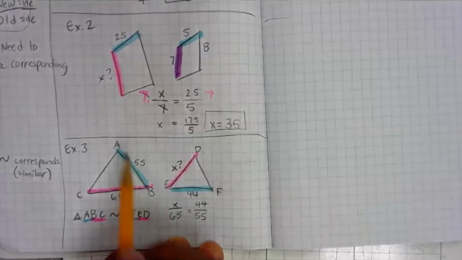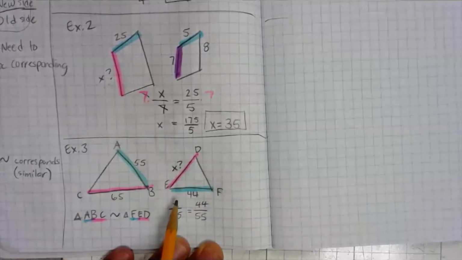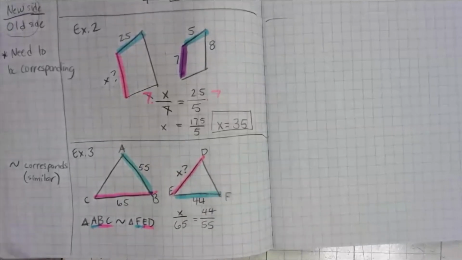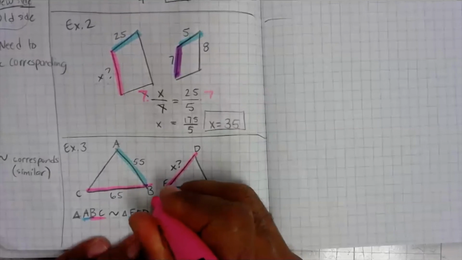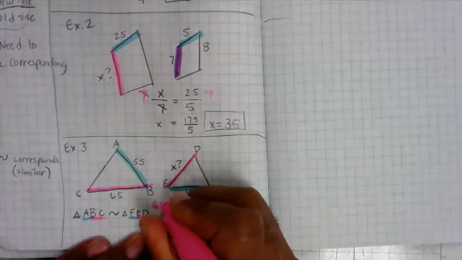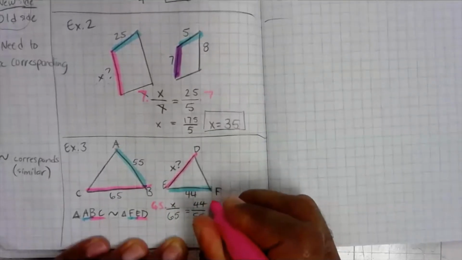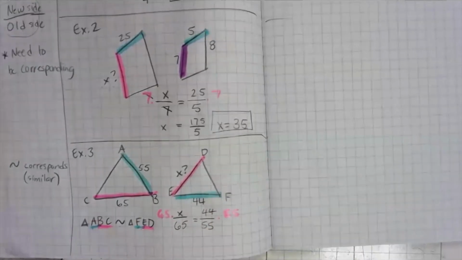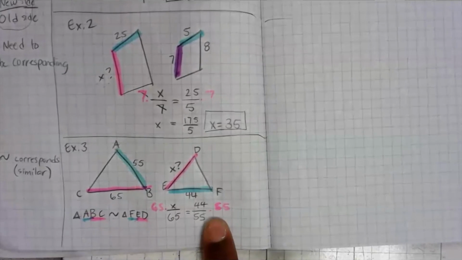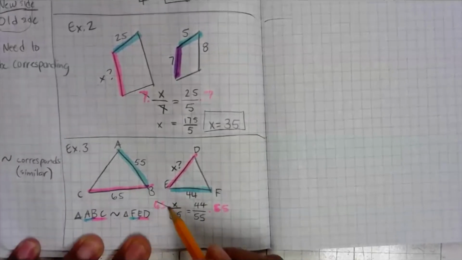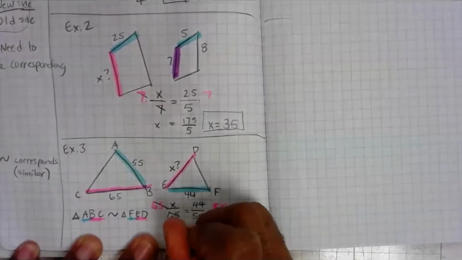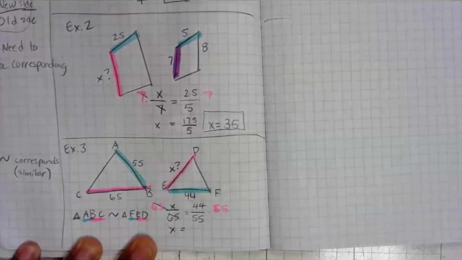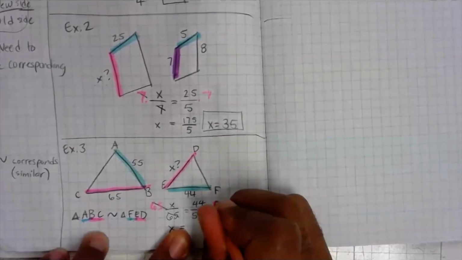Now the steps are the same. Just like I multiplied 7, here I'll multiply 65. And I'm going to use Desmos for all this because these are kind of big numbers. So it's times 65 on both sides. Sorry, that's a 65. That will cancel. And I'll show you how to multiply all that together in Desmos in one step.